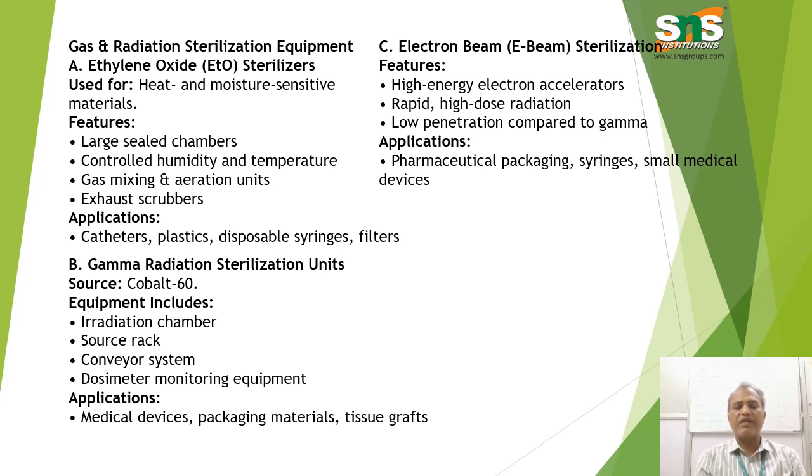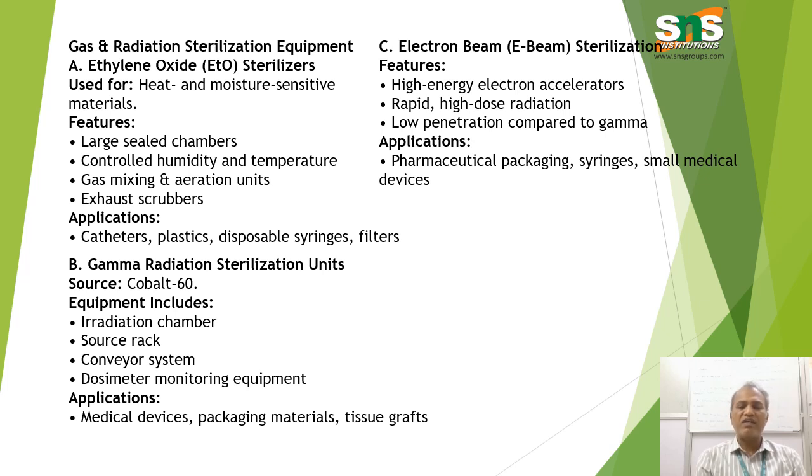Next, electron beam sterilization, or simply E-beam sterilization. What is the speciality of the electron beam? It uses high energy electron accelerators, special equipment that delivers electrons with high acceleration. Through the high energy electrons, it gives rapid sterilization with a high dose.